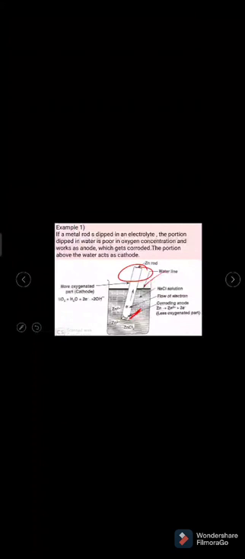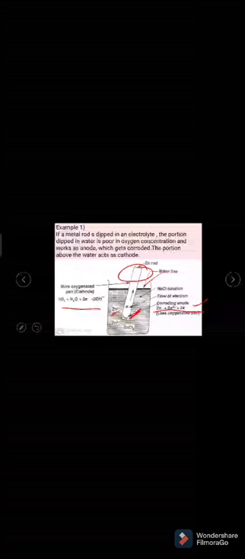The chemical reaction of a zinc rod dipped in the water is as given below. When it is inside the water, the zinc loses electrons and converts to zinc plus 2 ions plus 2 electrons. These zinc plus 2 ions combine with the environmental factors, that is water molecules and oxygen, forming hydroxyl ions.